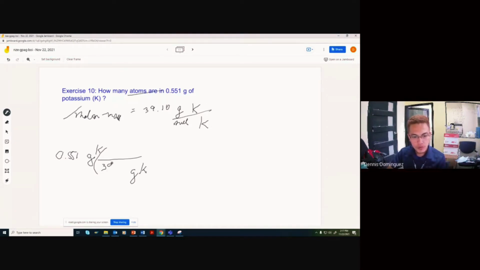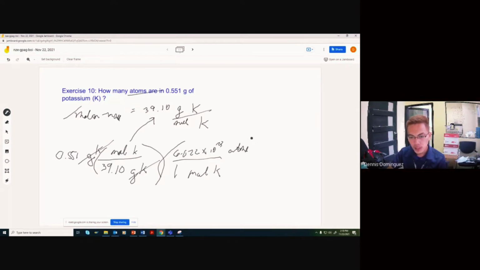For every mole of potassium, there are 39.10 grams of potassium, coming from the molar mass. Now your grams of potassium cancel, leaving moles. Per mole of K, how many atoms do you have? That's the purpose of Avogadro's number, 6.022 times 10 raised to 23 atoms.